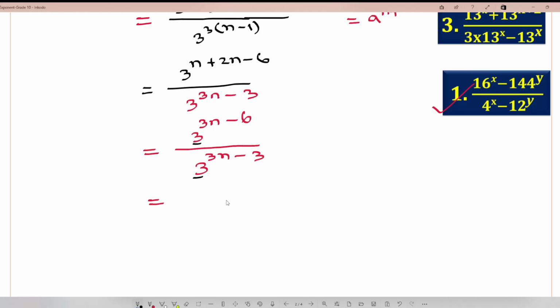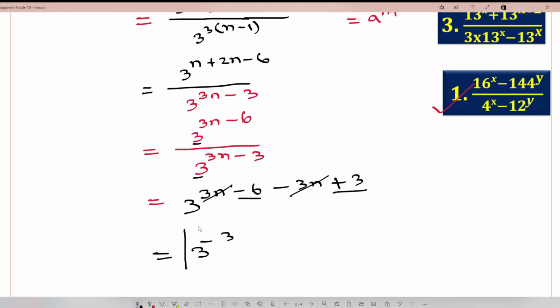So in division, once bases are the same, at that time powers will be subtracted. So 3n minus 6, then minus 3n plus 3. So 3n minus 3n will be out. Here is minus 6, here is plus 3. So 3 to the power minus 3.